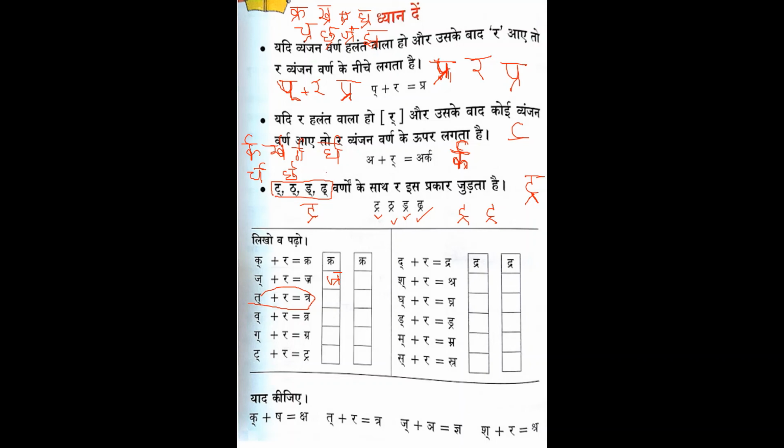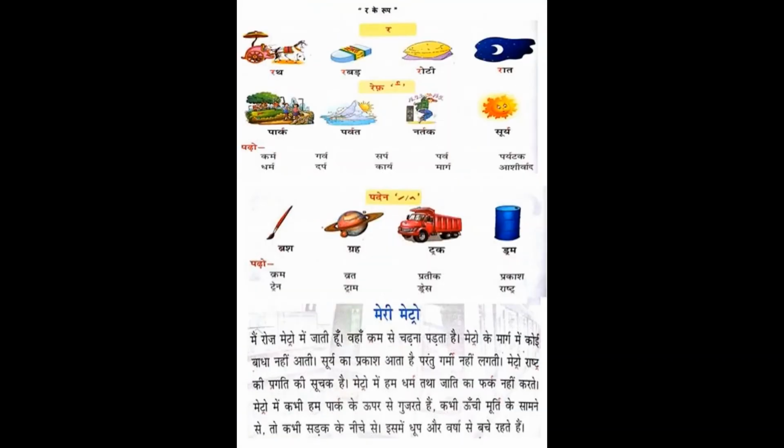That is about the different forms of ra. Remember, if you see this kind of form, first the vyanjan sound, then the ra sound. If you see this kind of form, first the ra sound, then the vyanjan sound. Pra, rya. Understood?